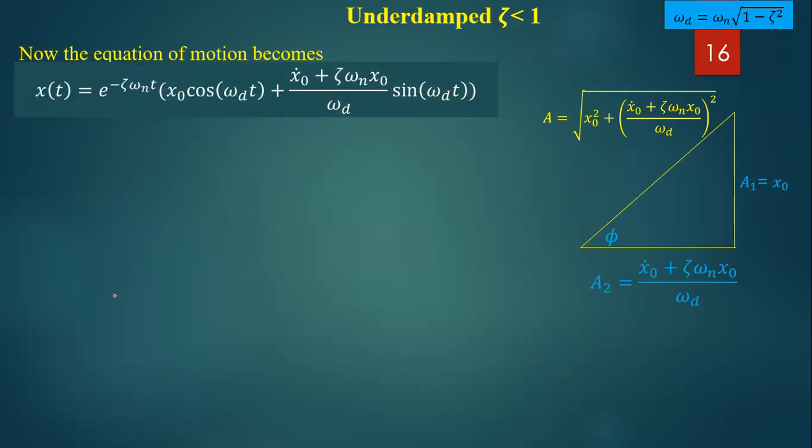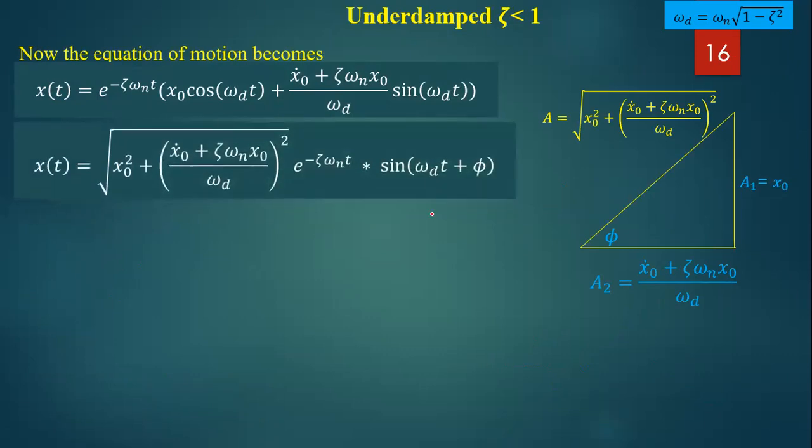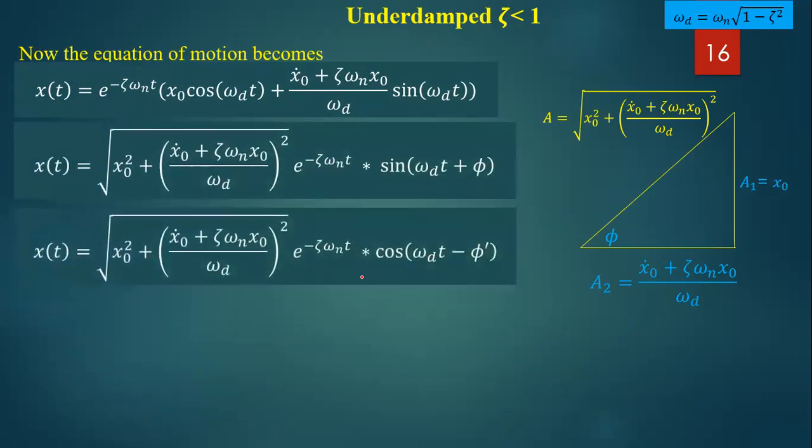Now, substituting all these terms into our equation of motion, what we finally get, either in terms of sine or cosine, are these equations.